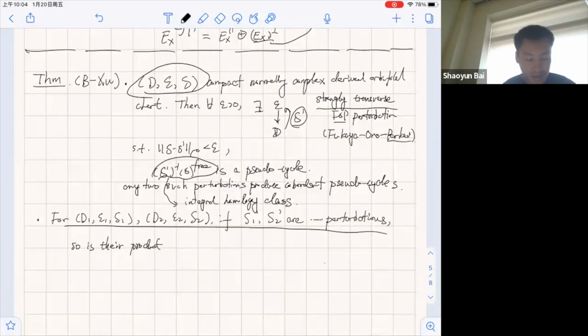Let's take the orbifold to be D1 cross D2, let's take the obstruction bundle to be the direct sum, and let's take the sum of the two sections. The assertion is that this is also strongly transverse.